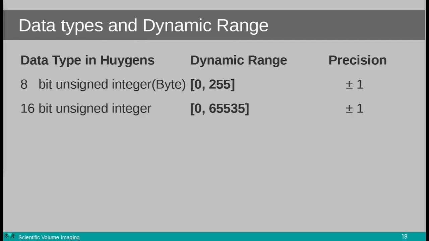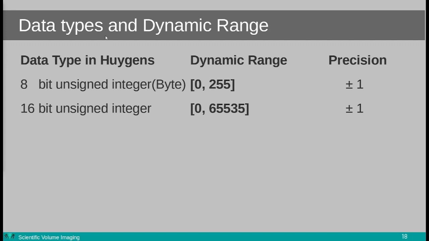Using smaller data types uses fewer bits per pixel and saves in storage space. However, larger data types use more bits per pixel and increase the contrast and dynamic range of your image. The ratio between the highest and lowest intensity that is able to be represented in your image is called the dynamic range.